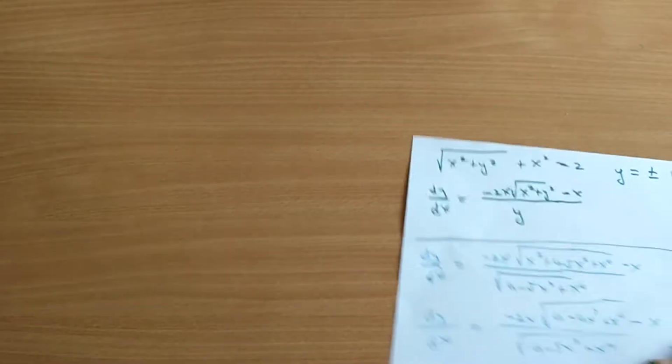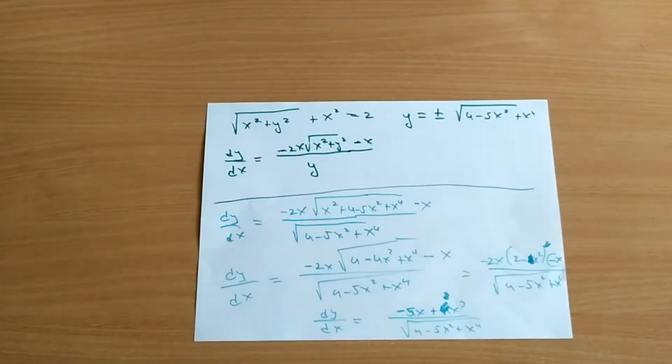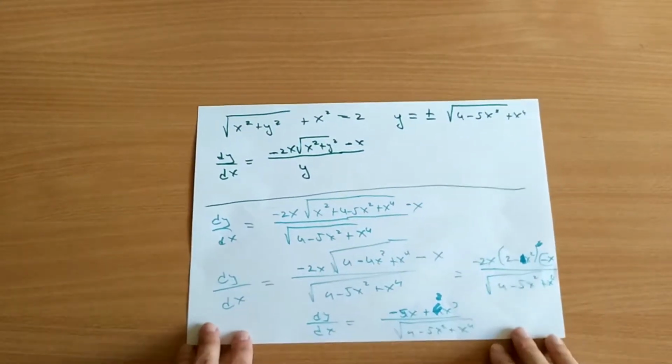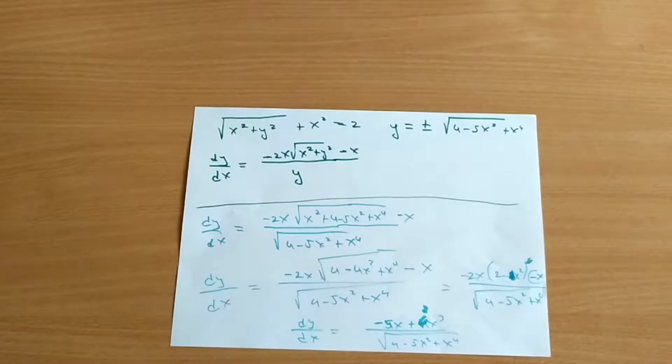Let's continue with the second part of proving that implicit and explicit differentiation can result in the same solution when finding the derivatives. I just want to point out a small mistake that I made in the last video.